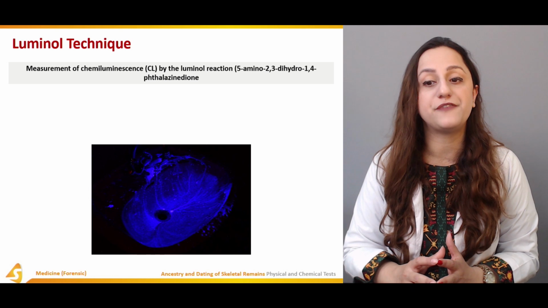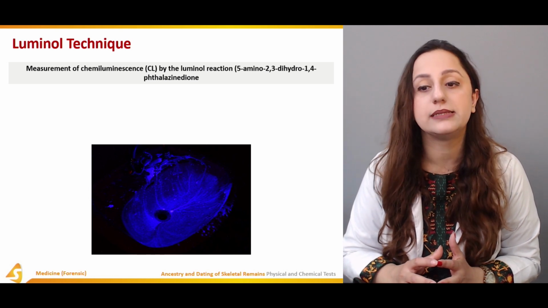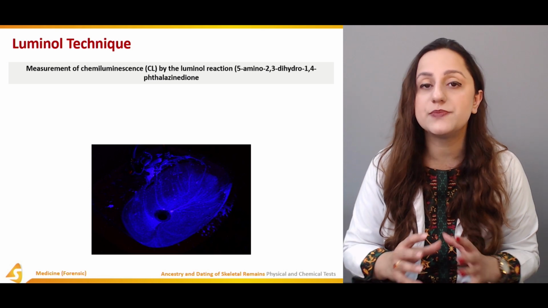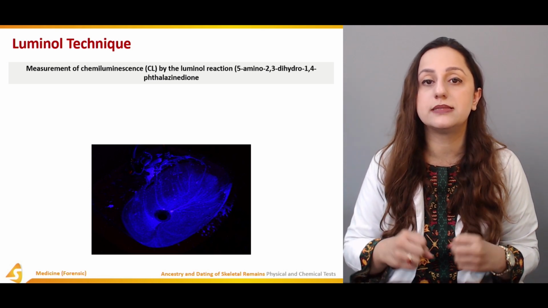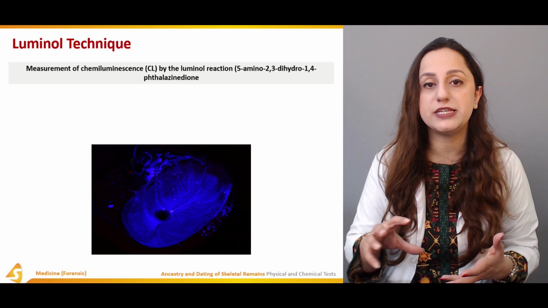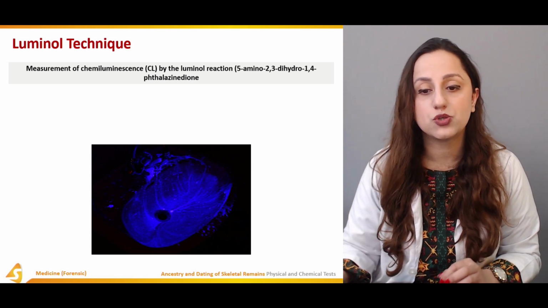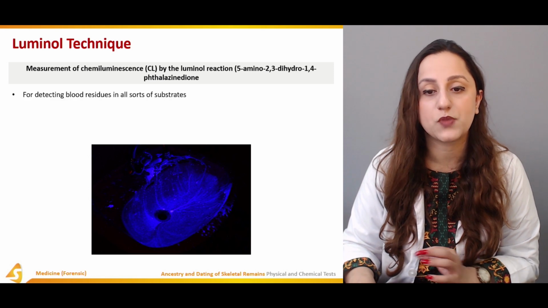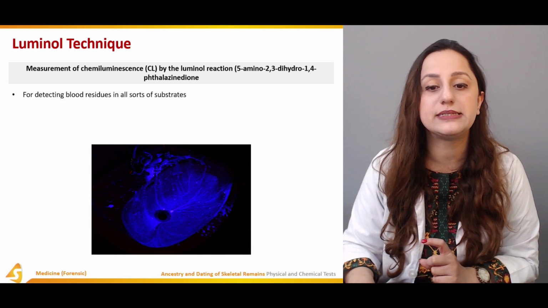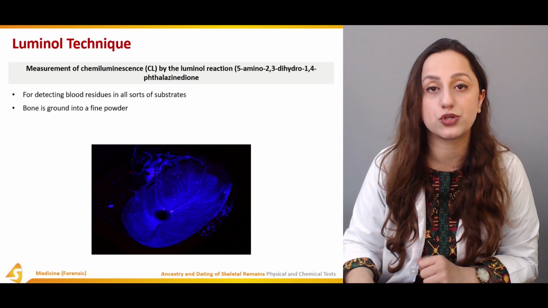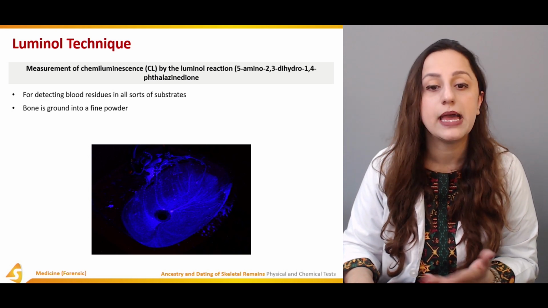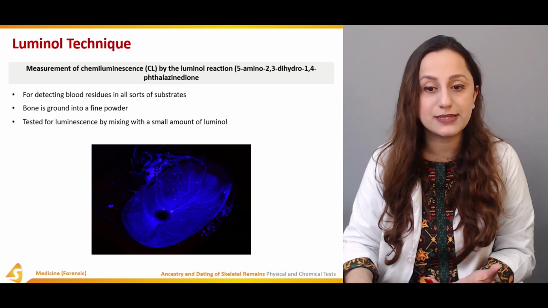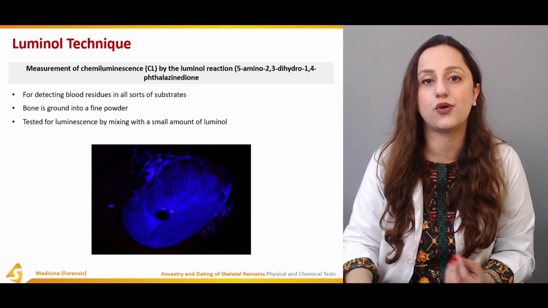It is basically 5-amino-2,3-dihydro-1,4-phthalazinedione, which causes luminosity after we spray the chemical. So it will indicate the presence of blood with the osteocytes and the osteoblasts. For detecting blood residuals on all sorts of substrates, it's very important. And the bone is ground into a finer powder and tested for luminescence by mixing with a small amount of luminol.